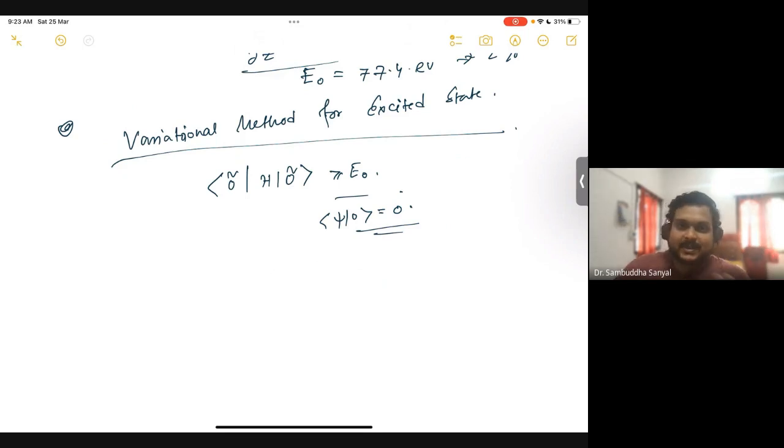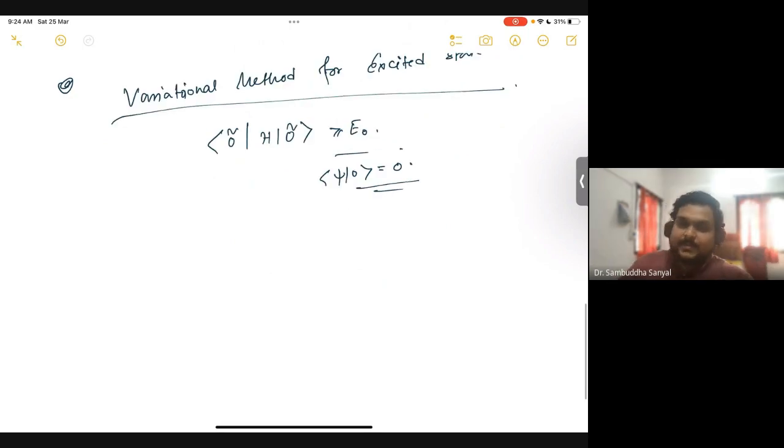Which excited state? I don't know that. I want the first excited state. How do I control that? Then it must be bounded by the first excited state. Any state that is fully orthogonal to the ground state must be at least the first excited state, right? So E1 is the energy of that first excited state. This is my guiding principle.